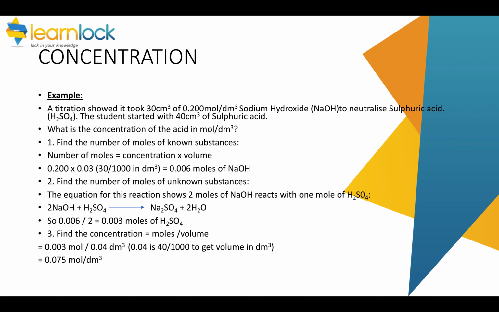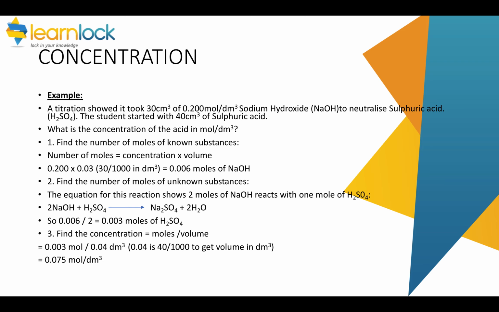You also need to know about how concentration can be calculated in titration practicals. Titration comes up in the acids topic later, but here's an example of a question. It said a titration showed it took 30 cm3 of 0.200 mol/dm3 sodium hydroxide to neutralise sulfuric acid. The student started with 40 cm3 of sulfuric acid.